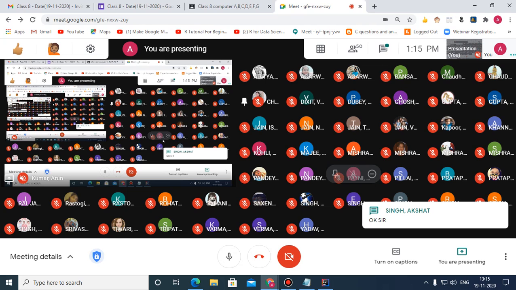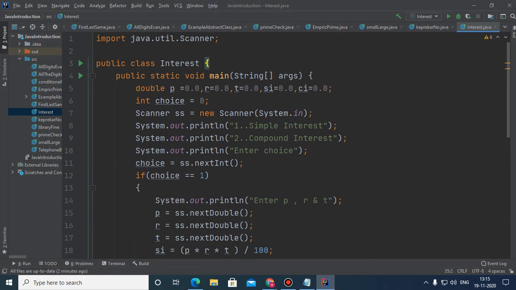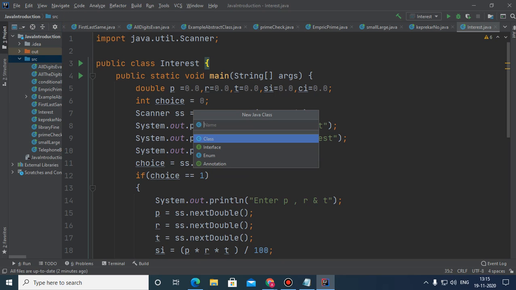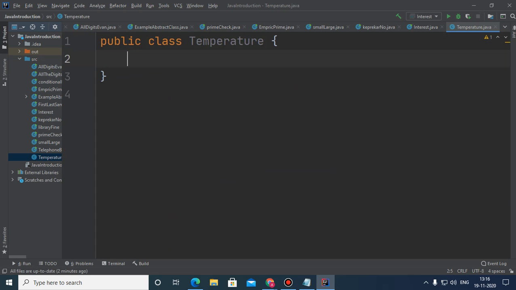Got it? Okay, now children, here the same we are going to use. Suppose the name of the class is temperature, and here we have to convert that. So how to convert?